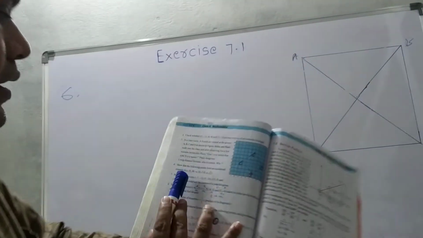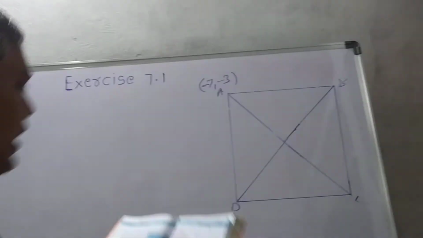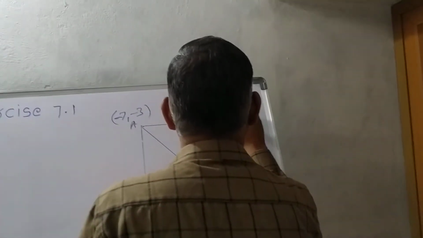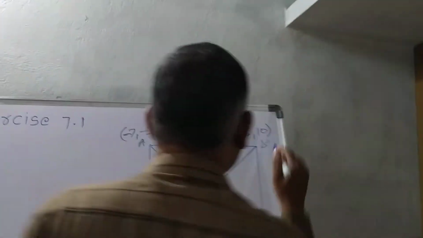The values are given. We are taking A as (minus 7, minus 3). Next point, we are taking B as (5, 10).